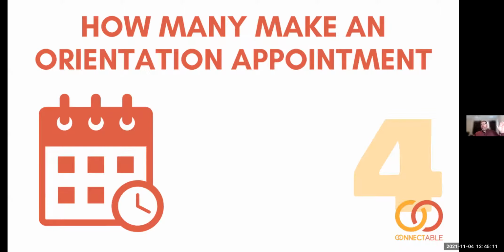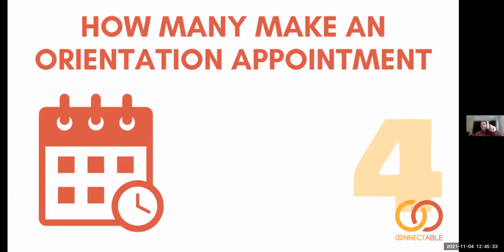And what we find on average in the data that we have in Connectable is that most programs in the ELL and HSC are getting about 3 out of every 4 students who start the enrollment process to make an appointment, which is a pretty good number.